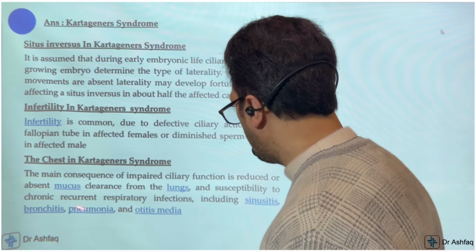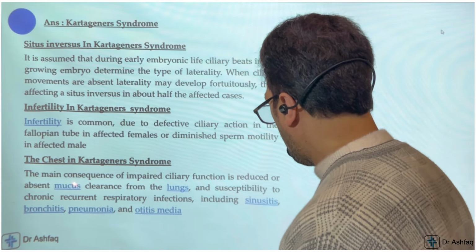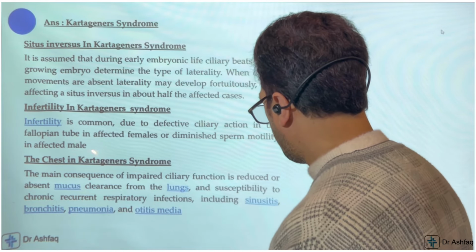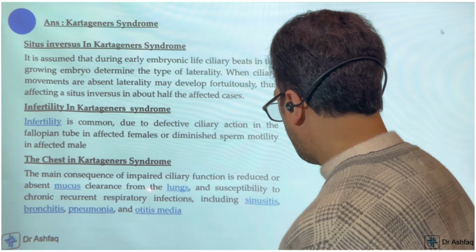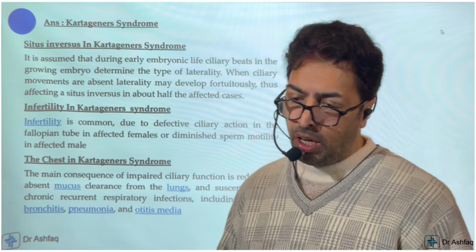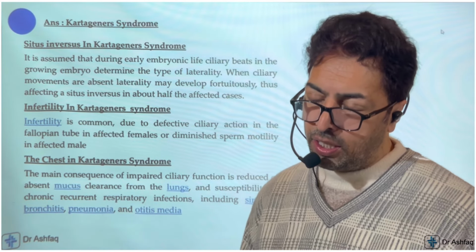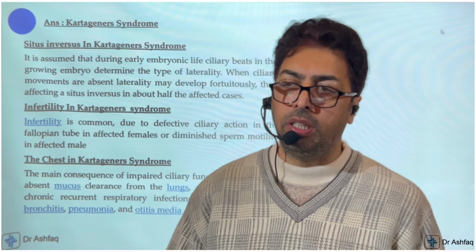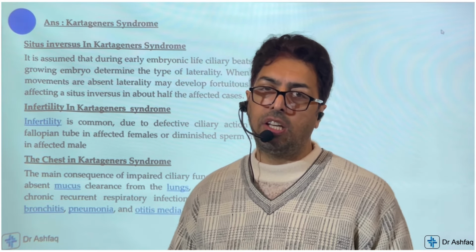Then the third thing which I just mentioned is the chest and the sinus, that is the lungs, because of the impaired ciliary function and reduced or absent mucus clearance from the lungs, there is increased susceptibility to develop recurrent chest infections.